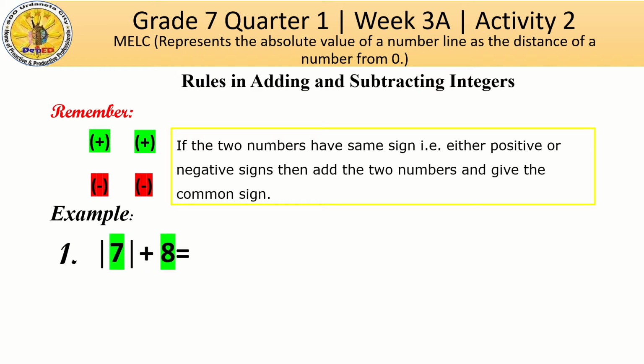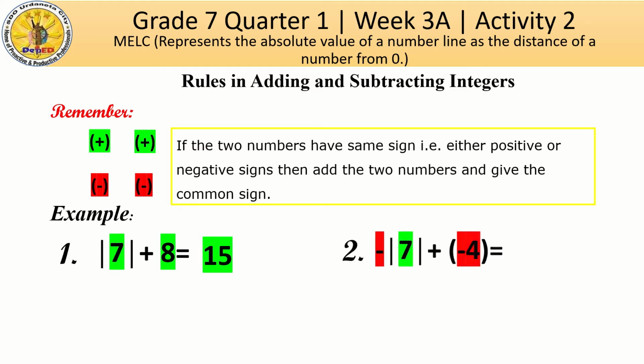Example number 1. The absolute value of 7 plus 8. So the first step that you're going to do is to find first the absolute value of a number. So what will be the absolute value of 7? It is equal to 7 plus 8. The answer is 15. Number 2. Negative absolute value of 7 plus negative 4.